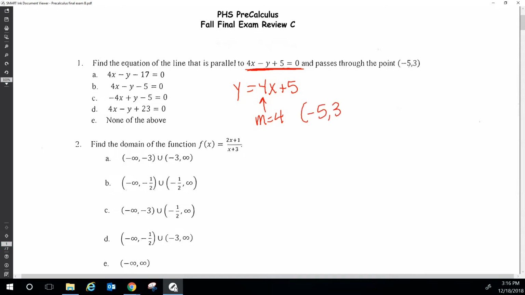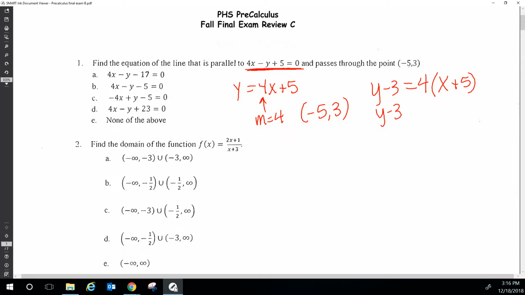So I'm going to use the point-slope form to come up with an equation. I get y minus 3 is equal to my slope, which is 4, times x minus a minus 5, which would be plus 5. Now when I look at my answer choices, notice how everything is on one side, equal to 0. So I'm going to multiply this out and then move them all over.